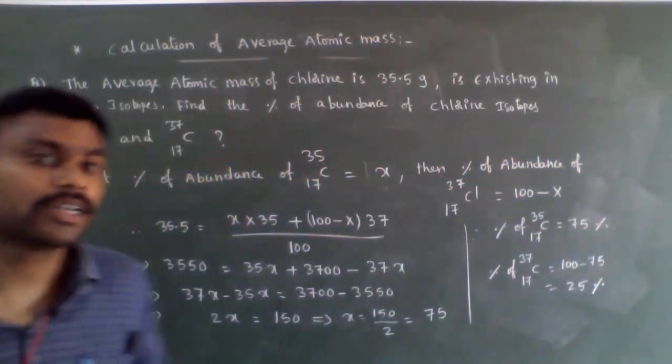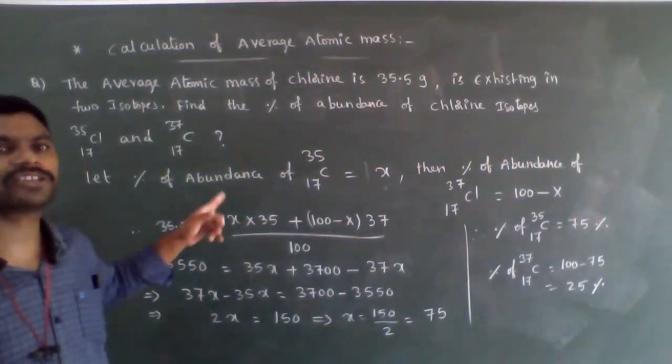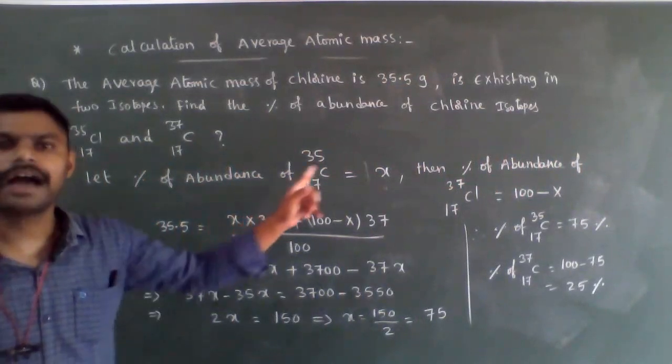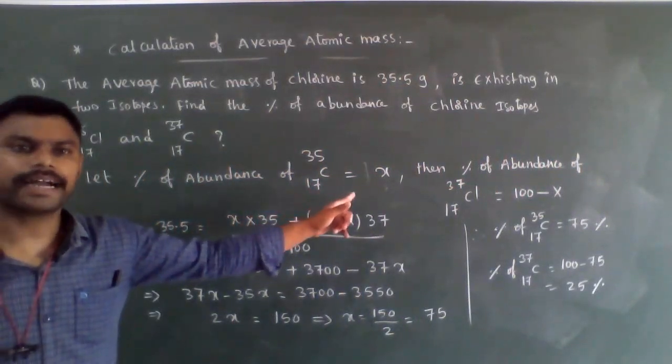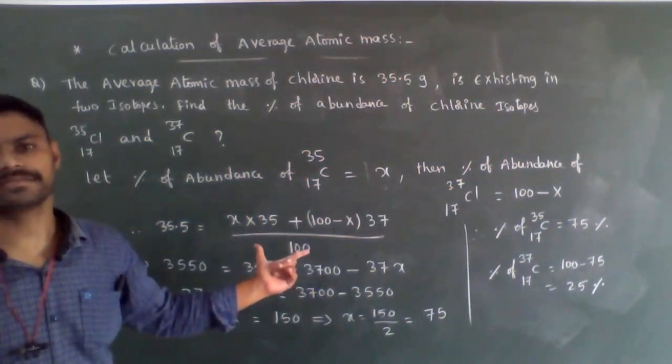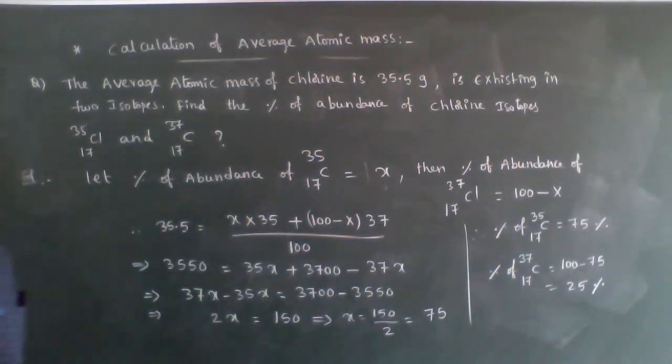The average atomic mass formula is equal to sigma percentage of abundance into atomic mass of that isotope, by 100. So related problems are very, very important. Okay? The remaining we will continue in the next class. Just observe. Okay, clear?